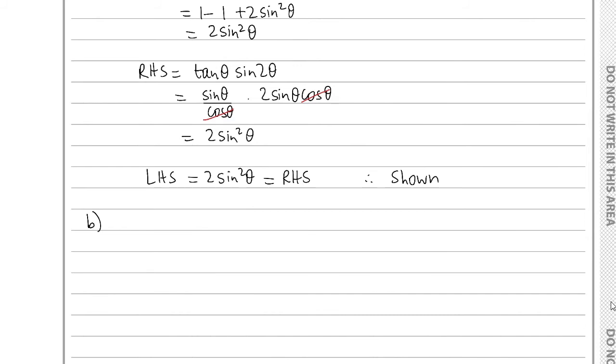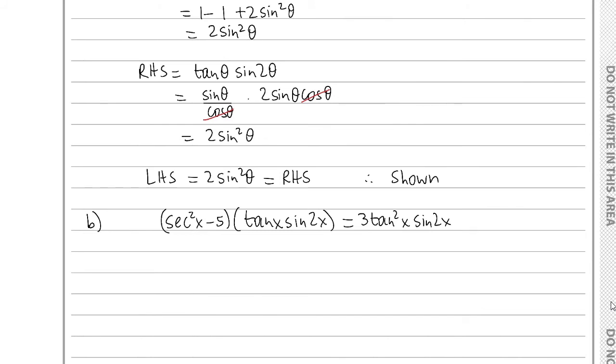Somehow we need to find a way of connecting the identity we've proved in the first part. So what we could actually do is replace the 1 minus cos 2x with tan x sine 2x. So that means we could write this as sec squared x minus 5, brackets tan x sine 2x, is equal to 3 tan squared x sine 2x.